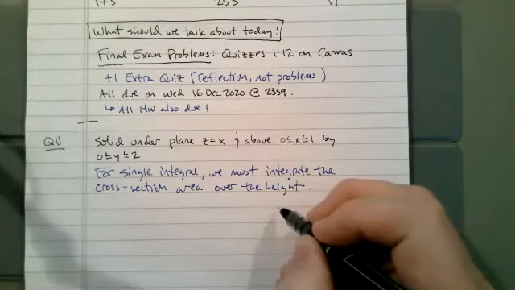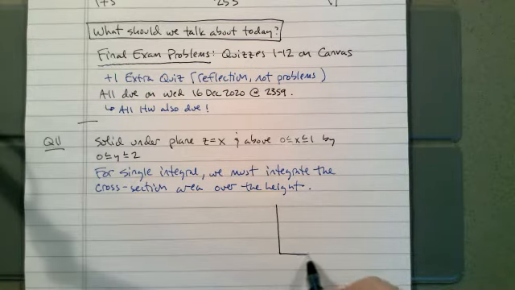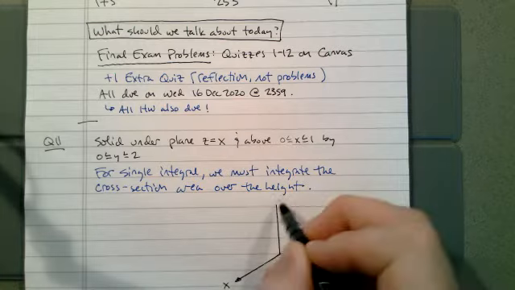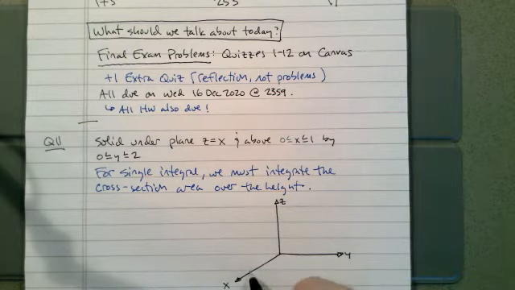So if we imagine, first of all, everything's going to be positive. So let's draw our x, z, and y axes. X is going from 0 to 1. Y is going from 0 to 2.